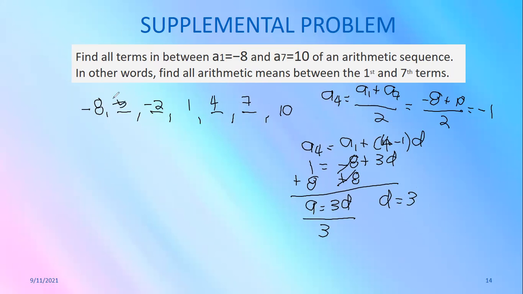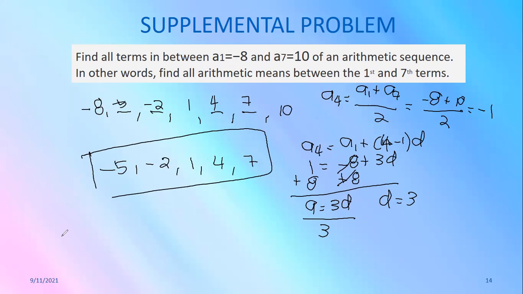Okay, so which means that the terms between negative 8 and 7 are negative 5, negative 2, 1, 4, and 7. So this is the answer for this particular problem. Questions? Okay, so let's proceed.